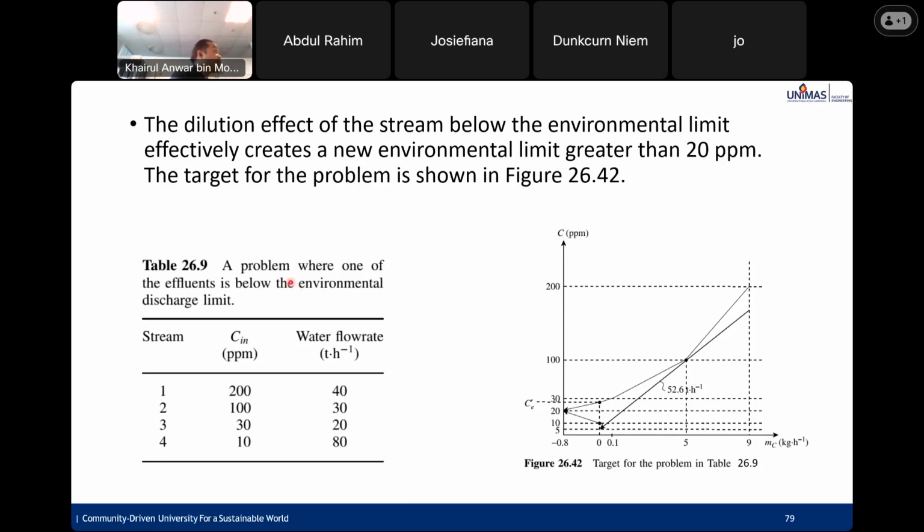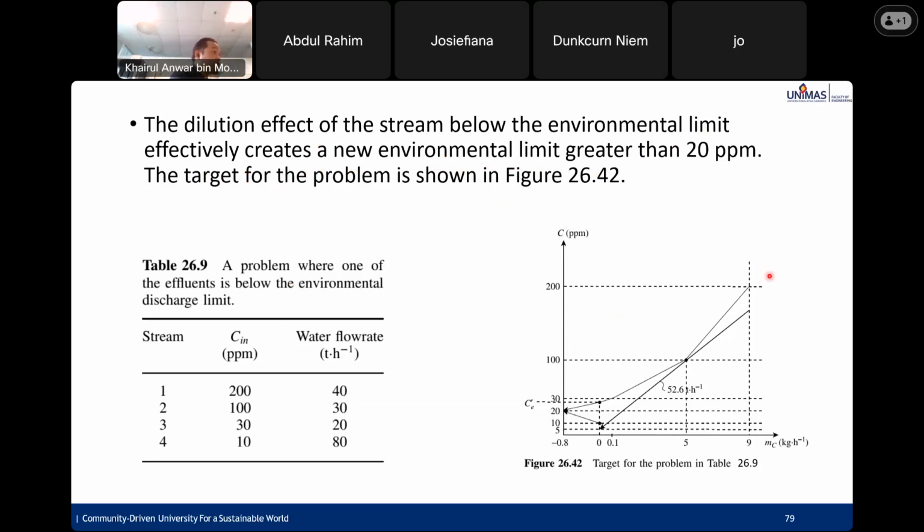The dilution effect of the stream below the environmental limit effectively creates a new environmental limit at 20 ppm. The target for the problem is shown in figure 26.43.